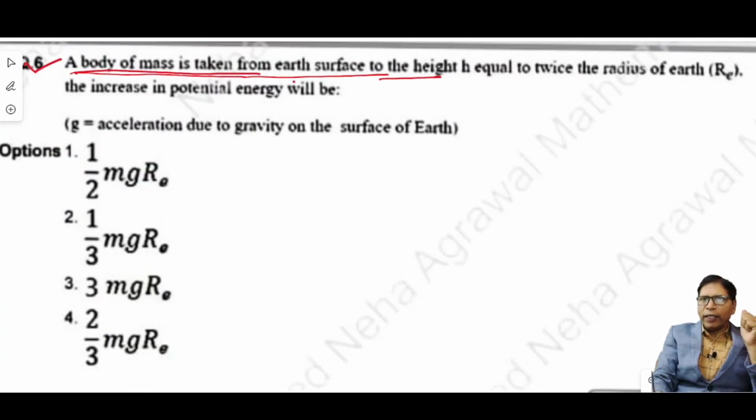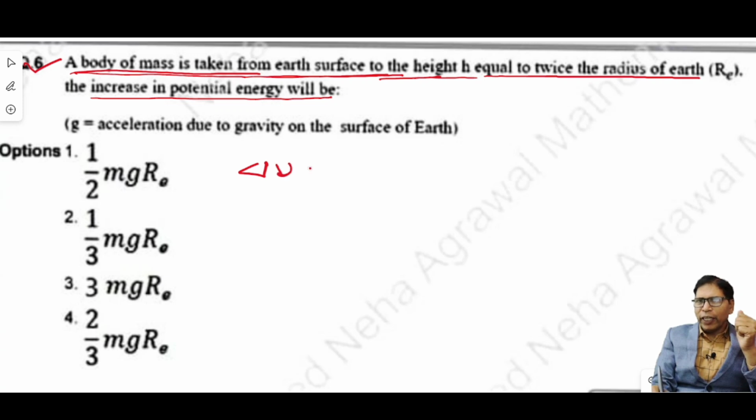A body of mass is taken from the earth's surface to the height h equal to twice the radius of the earth. The increase in potential energy: delta U equals U2 minus U1. What is U2?